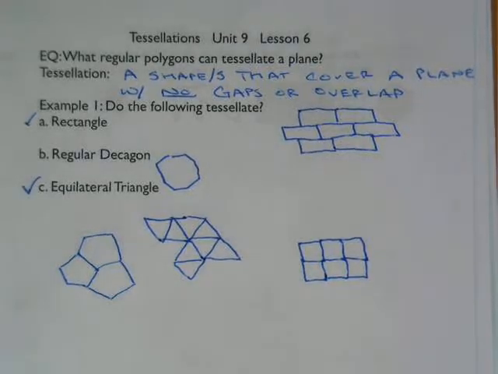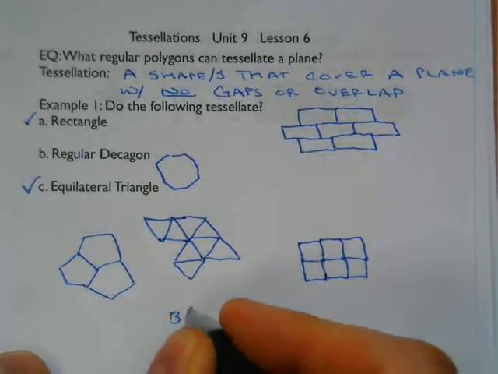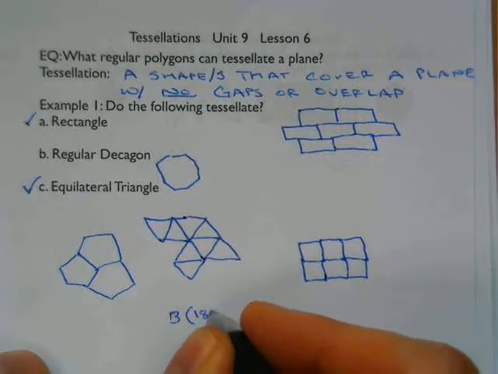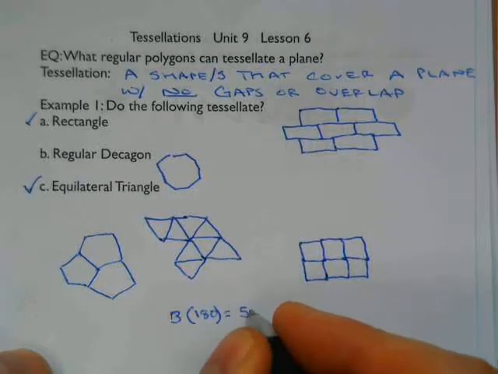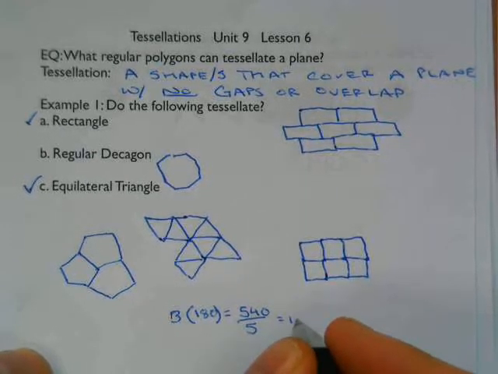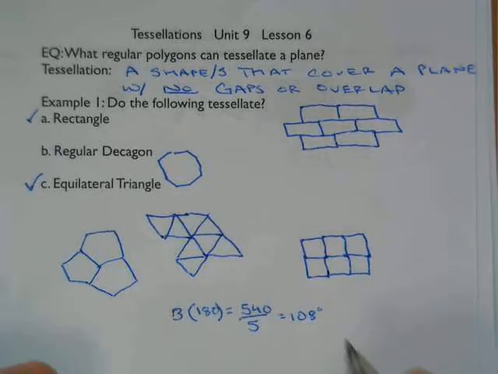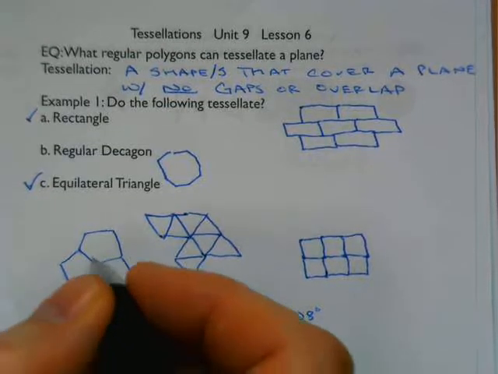And so in a regular pentagon, the sum of the interior angles would be 3 times 180, which of course is 540. But if we want to find one of those angles, we would divide that by 5, and we get 108. So each of these angles inside a regular pentagon would have to be 108.